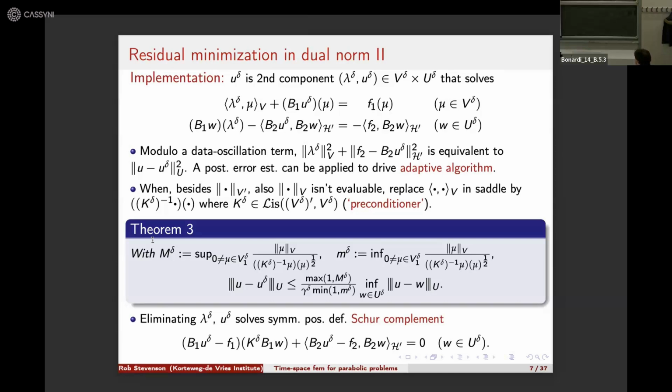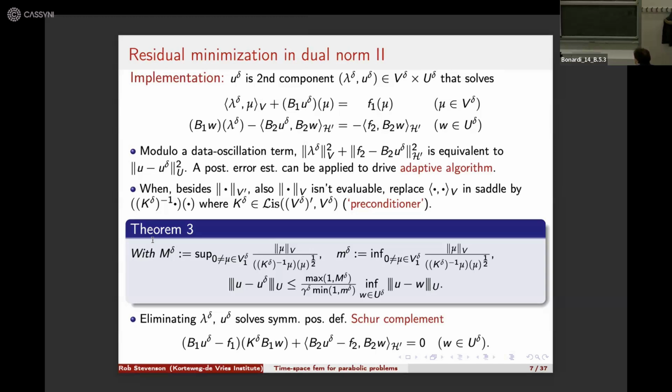So what you in that case do, you replace this inner product by an inner product defined by a preconditioner. So basically what you need, think of the stiffness matrix corresponding to the inner product. Suppose I have a preconditioner for the stiffness matrix. I call the preconditioner K. Then the K inverse is proportional to the stiffness matrix in a way. So we replace the stiffness matrix by an inverse of a preconditioner, and then you get something which can be evaluated.